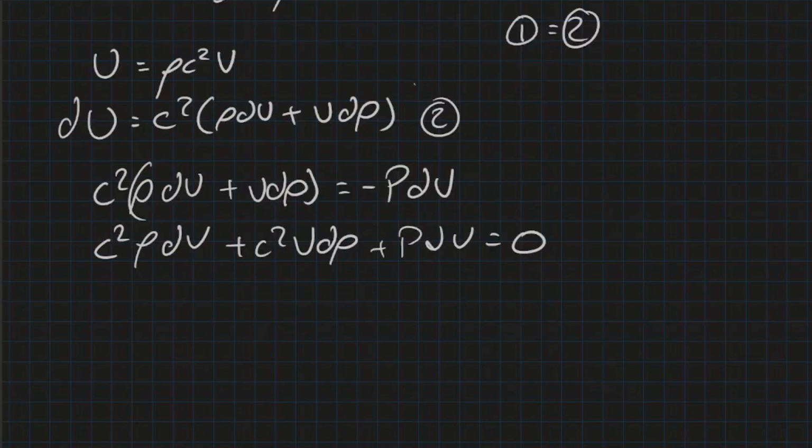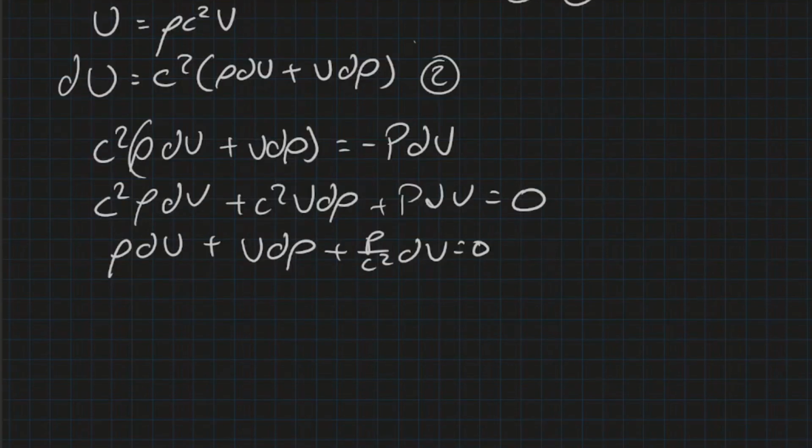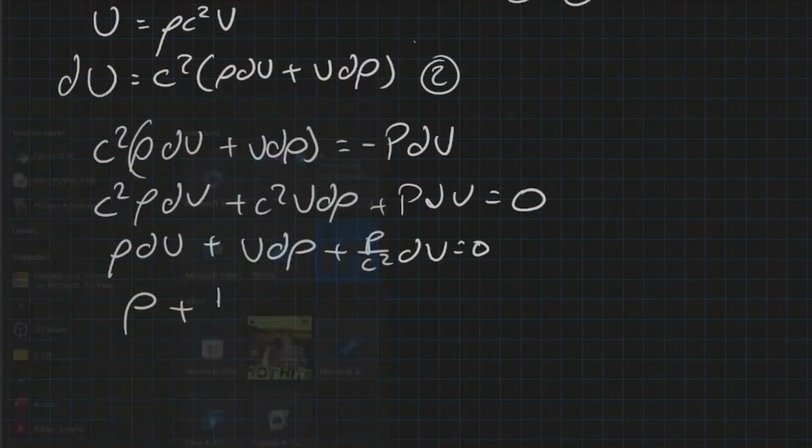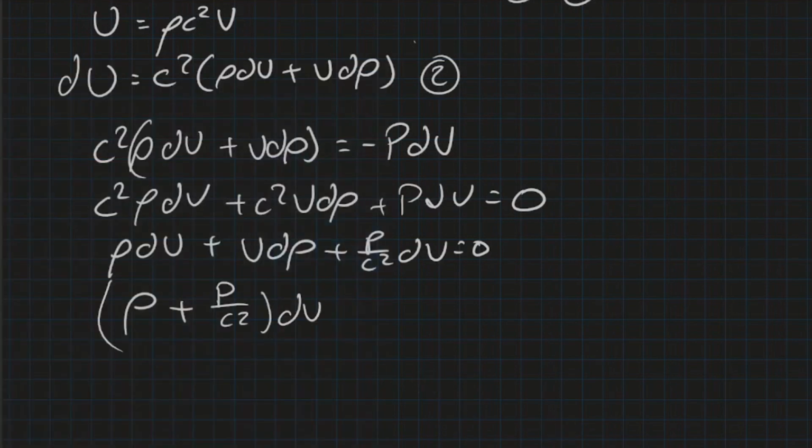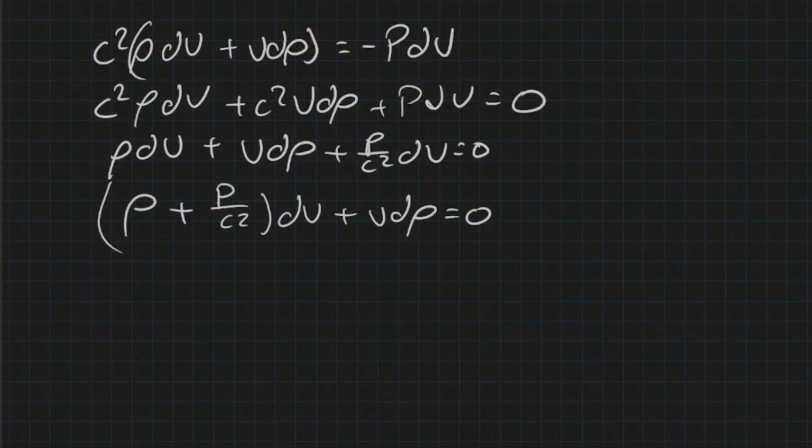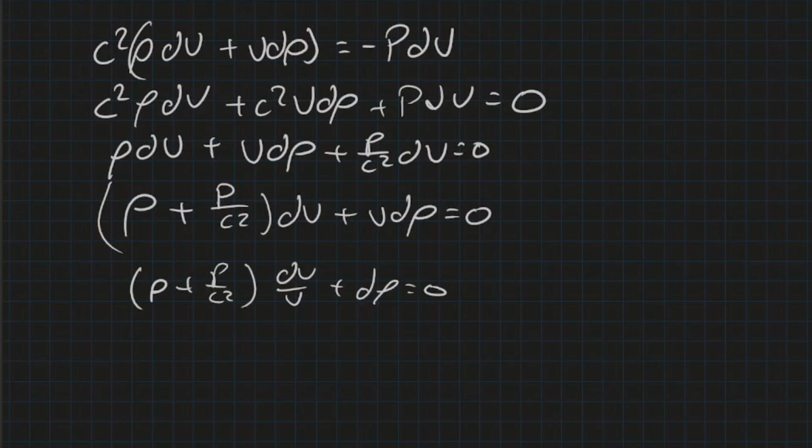We may then divide through by c squared and then factorize out our volume components. So that would be rho plus P over c squared, dV, plus V d rho is equal to 0. Additionally, we may also divide through by V, which gives us rho plus P over c squared, dV by V, plus d rho is equal to 0.